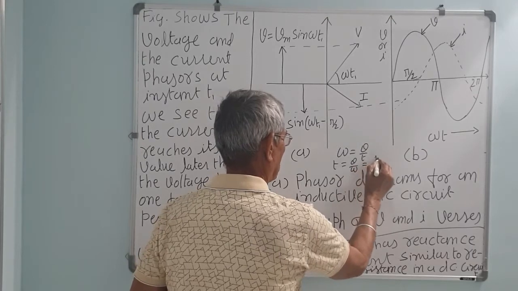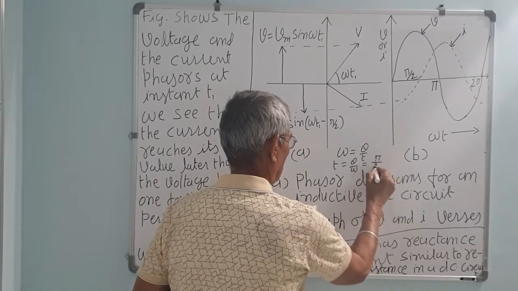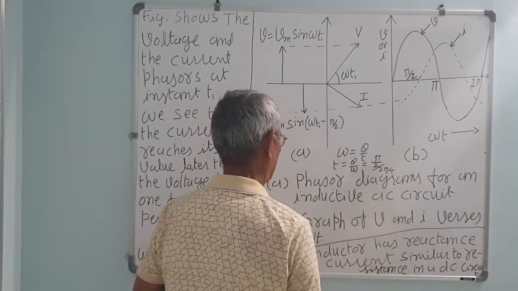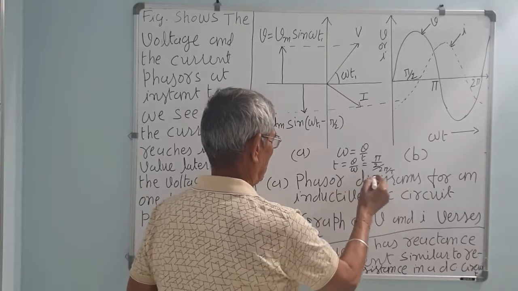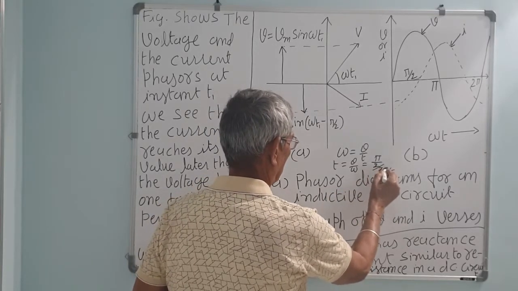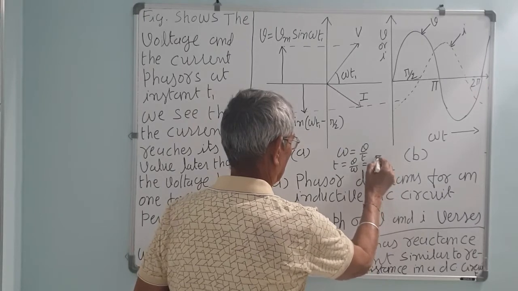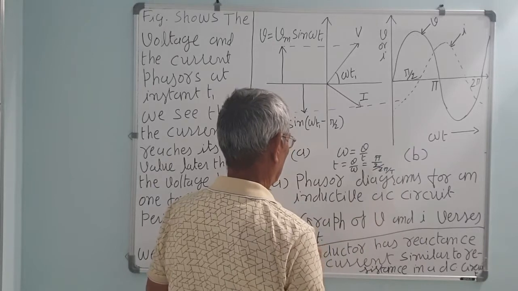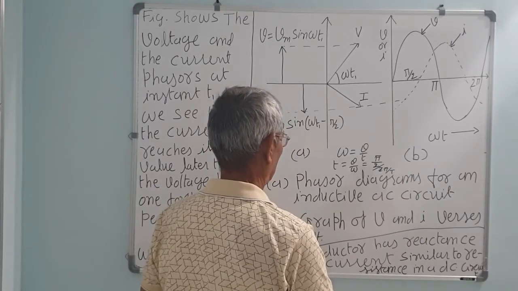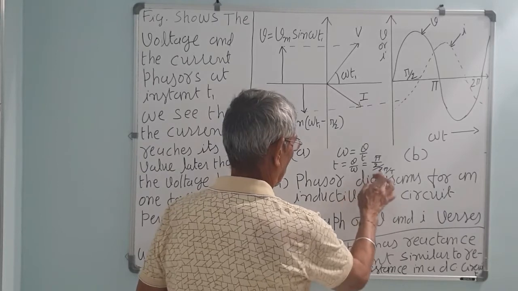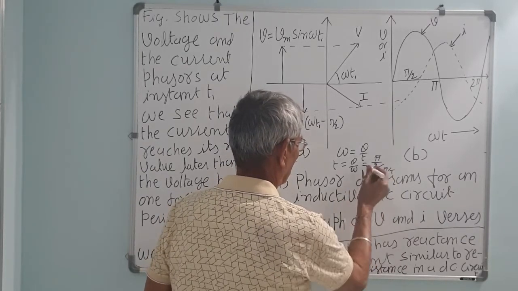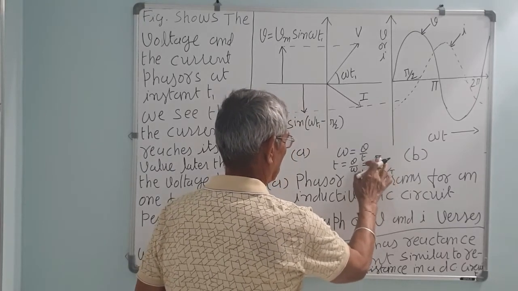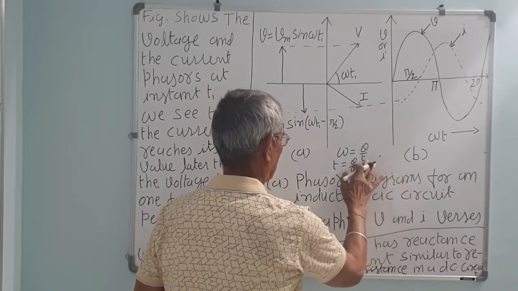If theta is pi by 2 and omega is 2 pi upon T, then the 2 cancels, pi also cancels, so this is 1 upon 4, that is T by 4. So that also you can get from this equation.